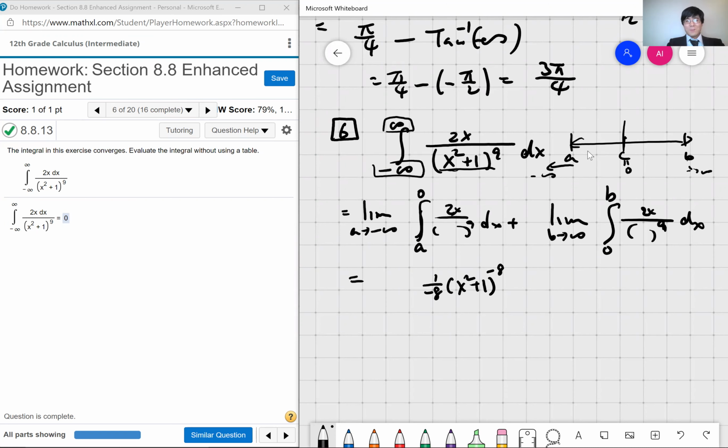But basically, if you say this is u, you can find the integral quickly because the derivative of the inside is here. So it's going to be a through 0, and the same function here, and 0 through b.